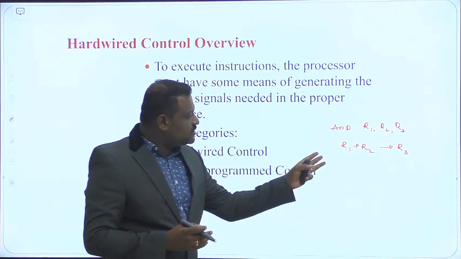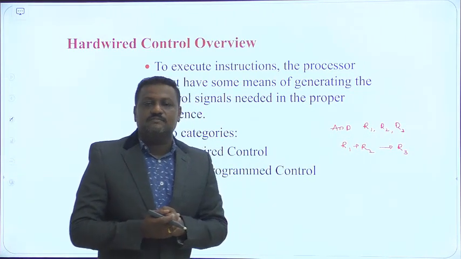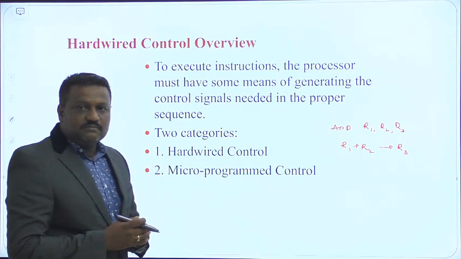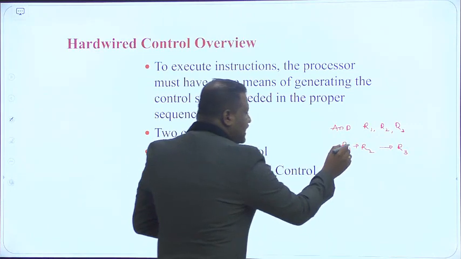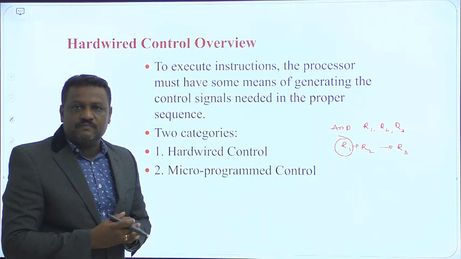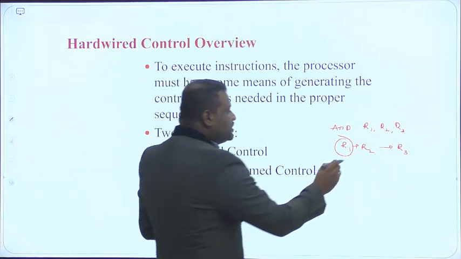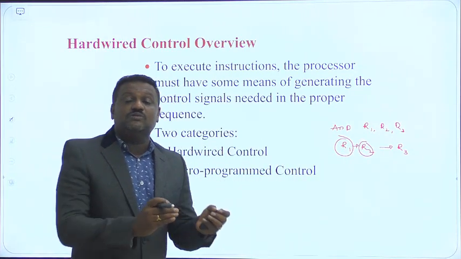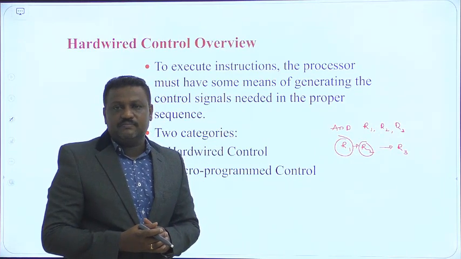If I want to execute this instruction, my control unit must generate a control signal to transfer the content of register R1 to one input of the ALU, and again my control unit generates a control signal to transfer the content of register R2 to the other input of the ALU.